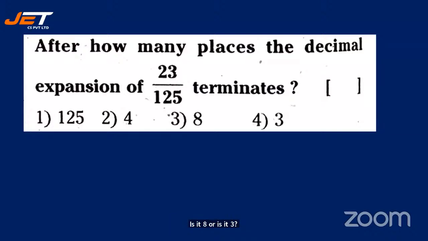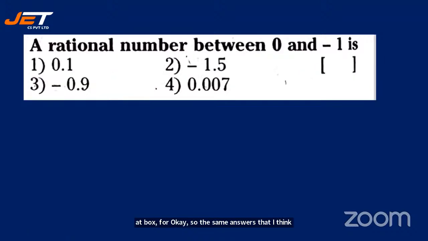It's in fact simple, but you need to work it out. I'm giving you 45 seconds. Do it quickly and let me know your answers. Put it in the chat box. Many say 1, 4, 4. Okay, so the same answers are getting repeated. Perfect, it is 4. Yes, good.